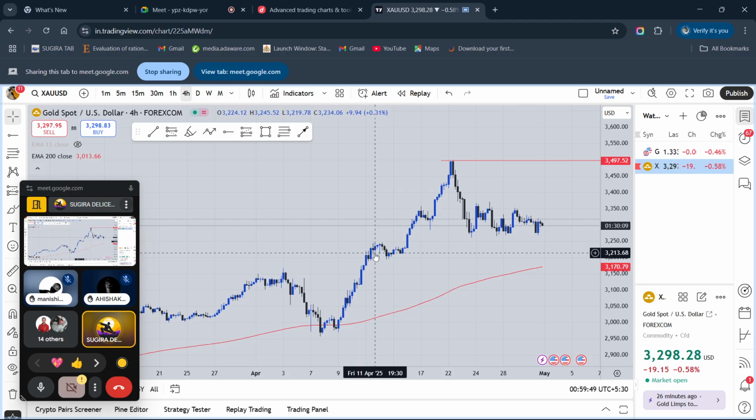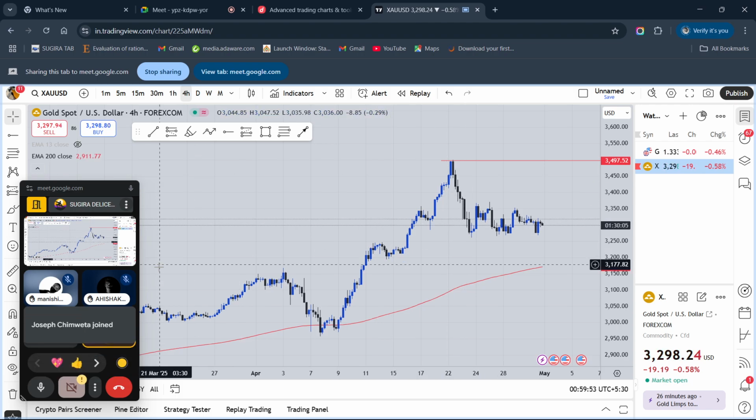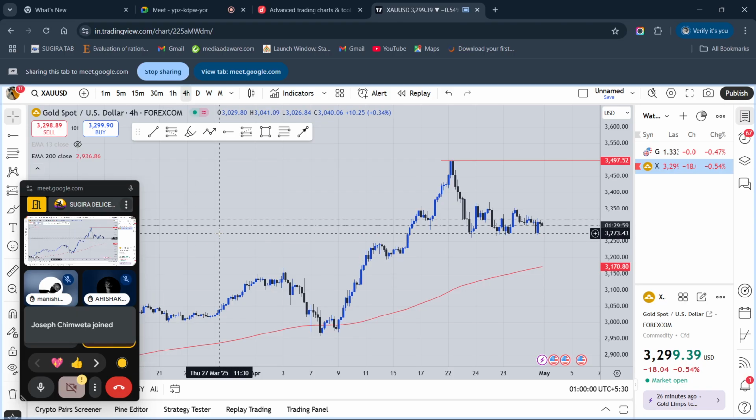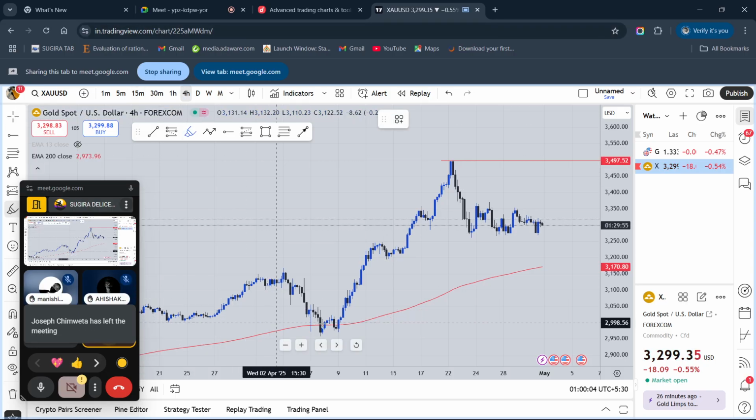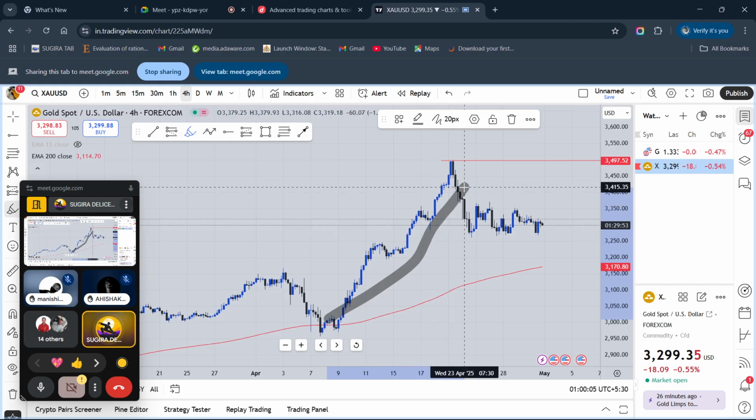when the uptrend is done and the market is going to start to push to the downside. So after confirming a change of character, this is when I will say, okay, the market is now going to start to push to the downside. The impulsive move is the movement in the direction of the trend, and the corrective move is the movement against the trend.